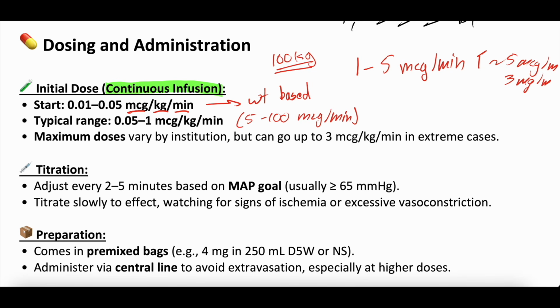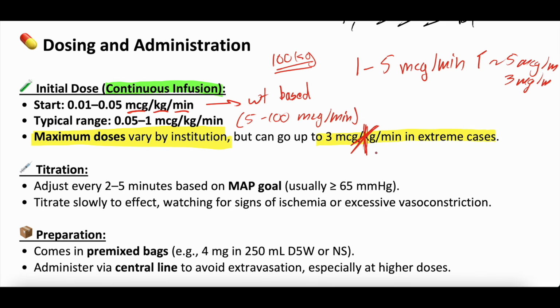So maximum doses vary by institution. There isn't any real set maximum where you cannot go above this. Some institutions can go as high as 3 micrograms per kilogram per minute. That'd be up to 300 micrograms per minute in someone who is 100 kilograms, but that's super high too.